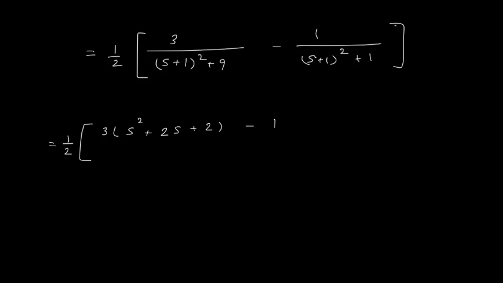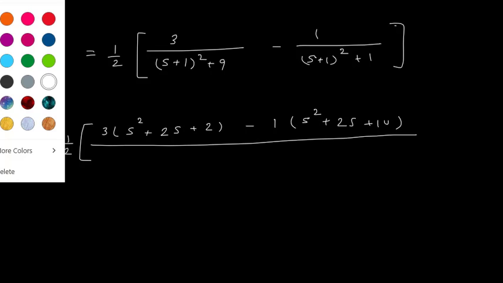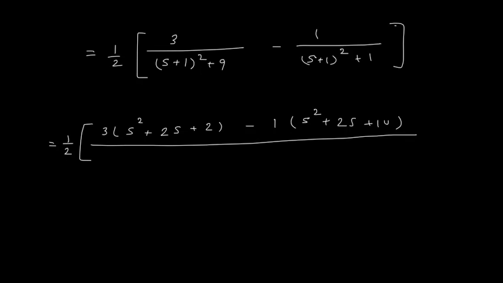Then minus 1 into (s square plus 2s plus 1 plus 9), which is plus 10, and this whole divided by, in the denominator, s square plus 2s plus 10 in one bracket and s square plus 2s plus 2 in another bracket.